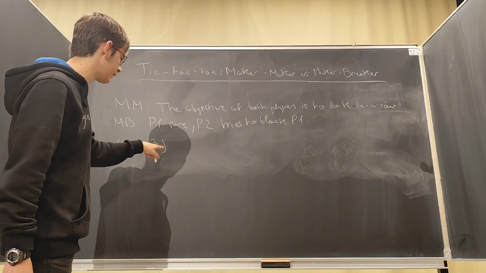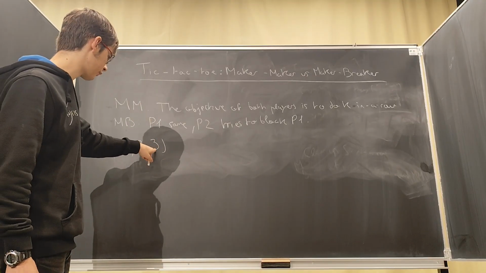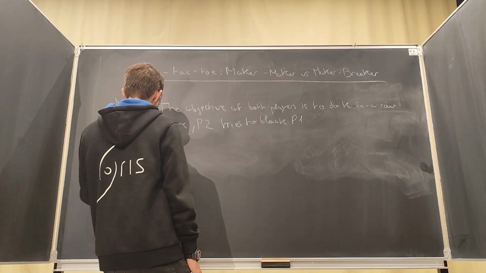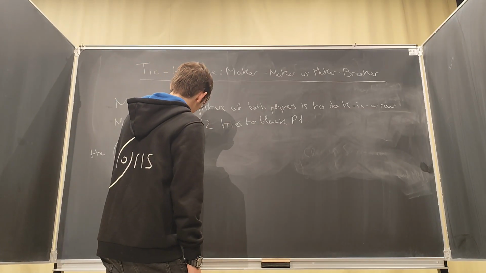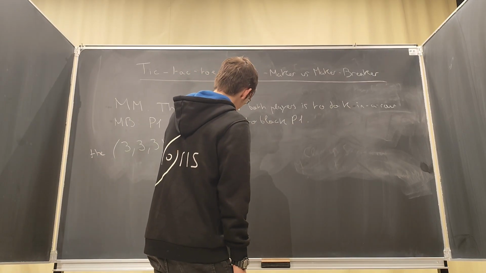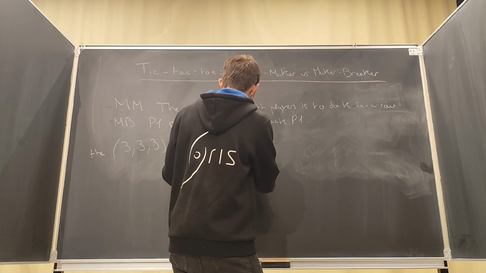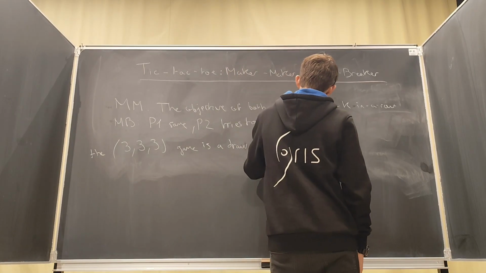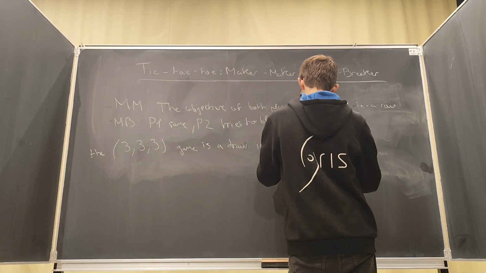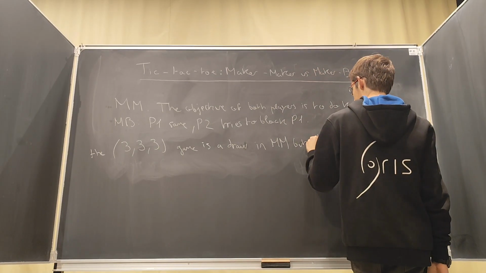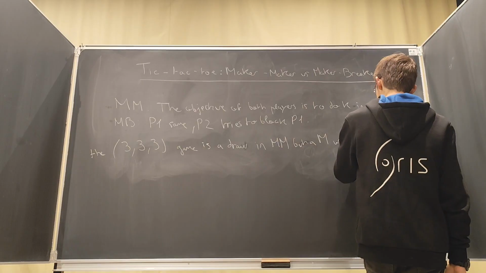So here it's the classic tic-tac-toe, okay, 3 by 3 board, 3 in a row. So the 3 by 3 game is a draw in maker-maker, but a maker win, so I'm going to write M win, in maker-breaker.